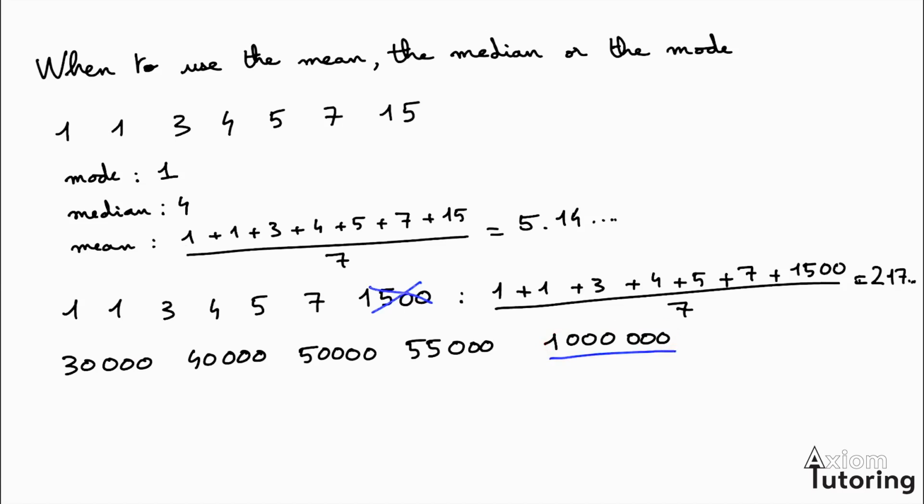Okay, so in this case, removing it might not be the solution, but we could calculate instead the median, because the median, which would be that value, is not affected by the actual values of any of the other observations. So the median is not affected by outliers.